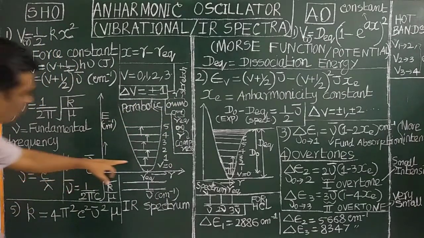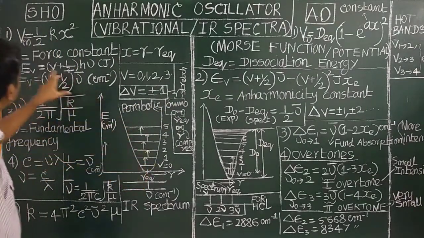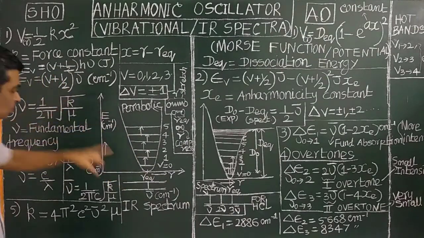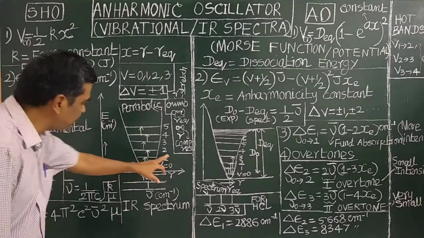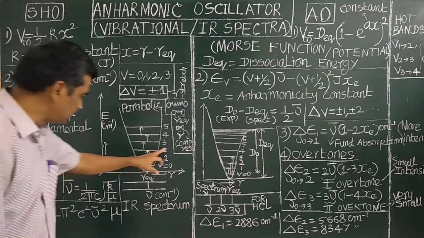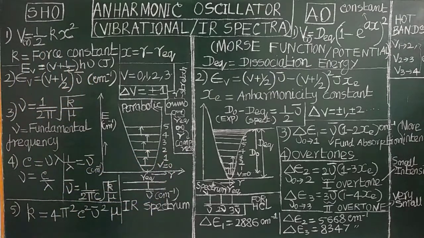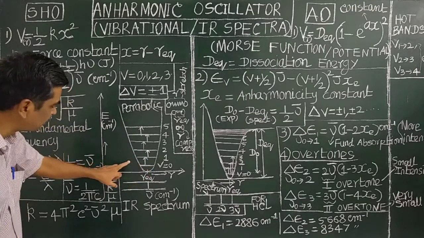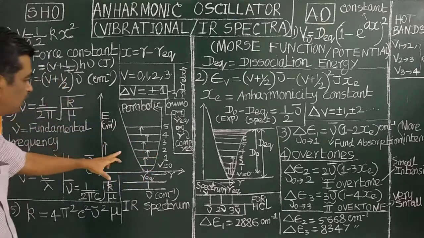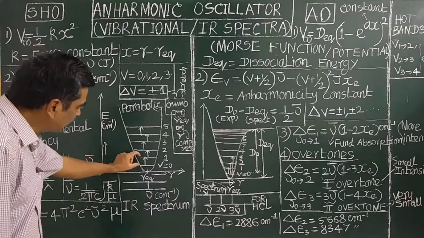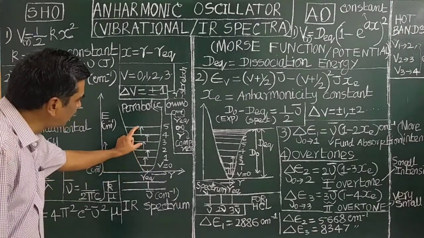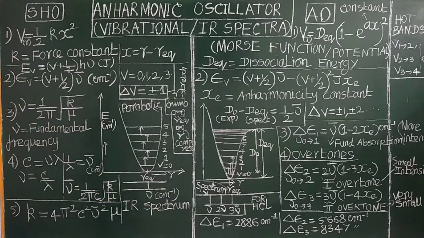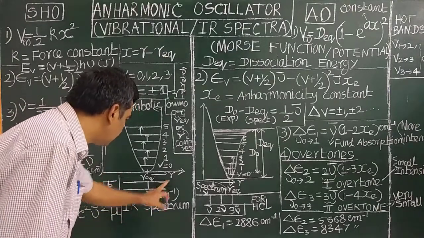Substituting v equal to 0, you can obtain E0, the energy of the ground state, and for v equal to 1, E1, the first excited state, and so on. Because the energy gaps are constant, only one spectral line is observed in the IR spectrum.